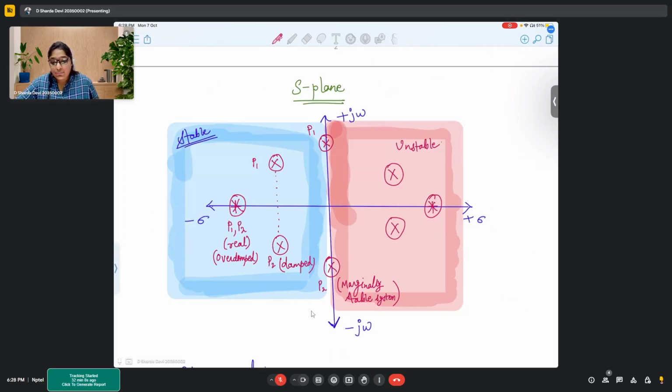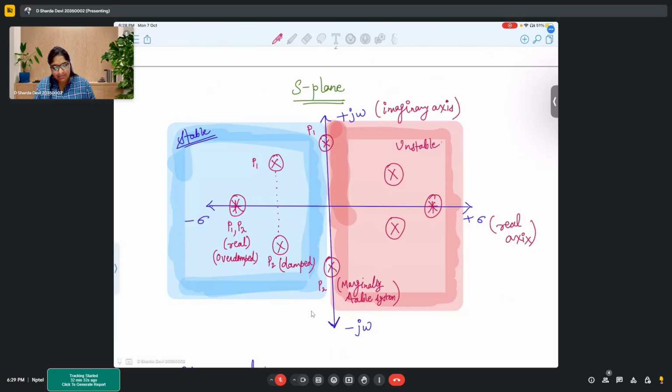So this is the real axis. This is your imaginary axis. This particular graph that we have drawn is very important while analyzing system stability.